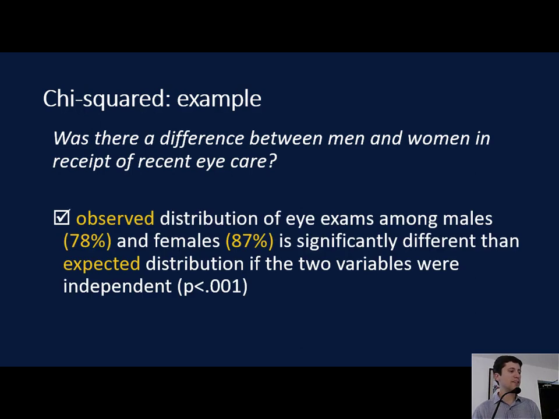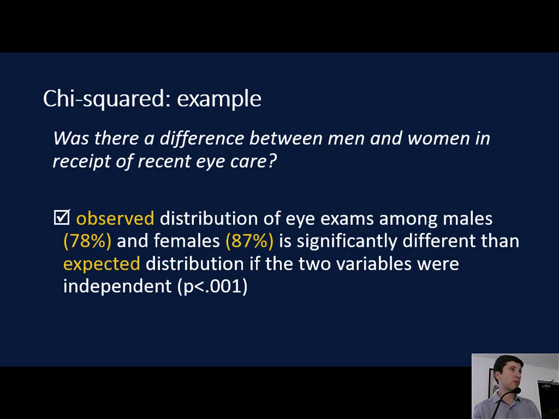But what we find is that our null distribution, like our null distribution for the t-test was that normal curve, right? Our null distribution hypothesizes that there's no relationship between gender and receipt of eye care. And then we test whether or not that's in fact the case.